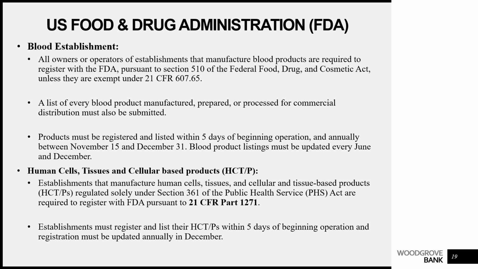So it is divided in the same way, but the Code of Federal Regulations applicable to human cells and tissues and cellular-based products is 21 CFR Part 1271, and this supersedes Part 1270. Basically, this is about the registration of manufacturers and establishments, and the registration of the medicinal products, and how that is done, and who oversees that.